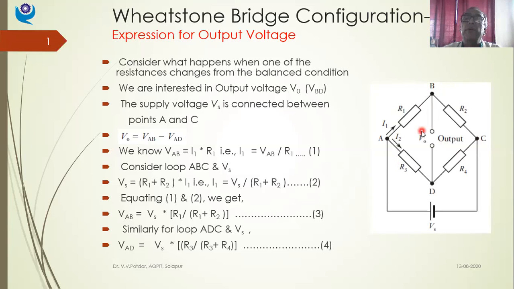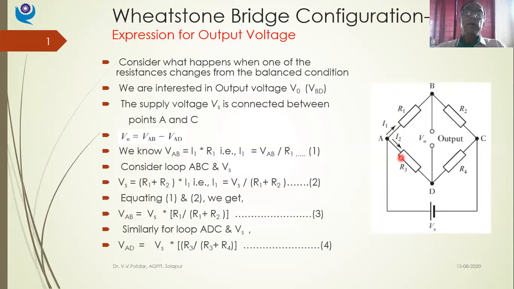Now, what is our objective? Yesterday we saw when all the resistances were equal, there was no resistance change, the output was 0. Now we saw what should be the condition for initial balancing. What is the meaning of initial balance? Initial balance means output voltage is 0, isn't it?